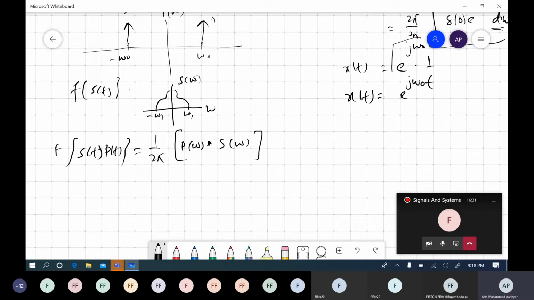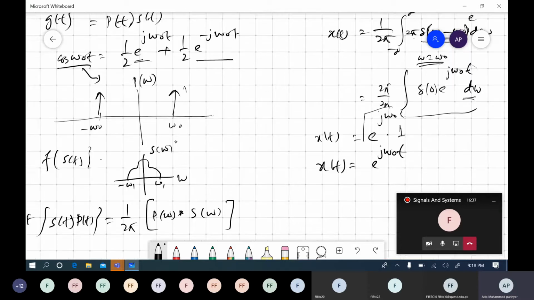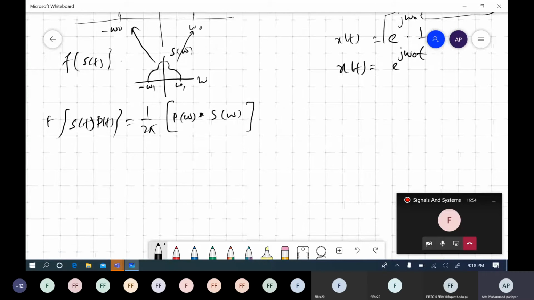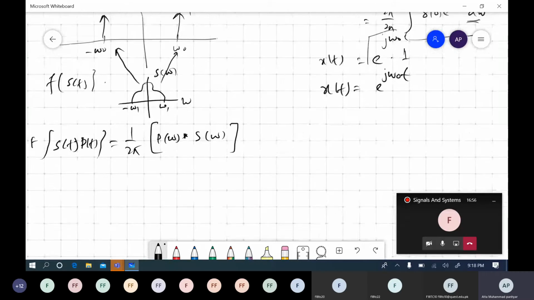Okay, so if we wish to compute the convolution, all we need is to flip this signal and shift it towards minus infinity and towards positive infinity. Then we will get this signal on both impulses, right? What would be the result? There would be two results.